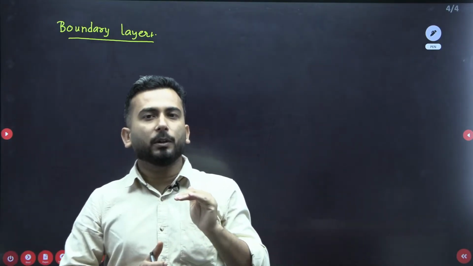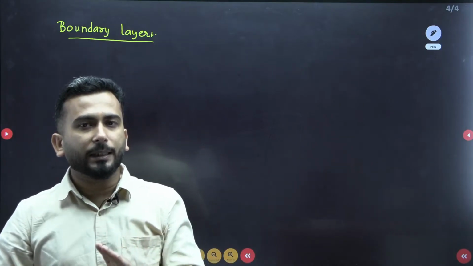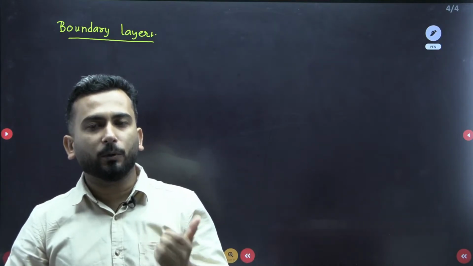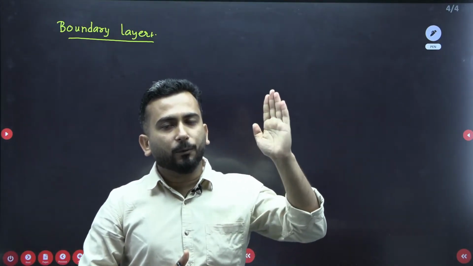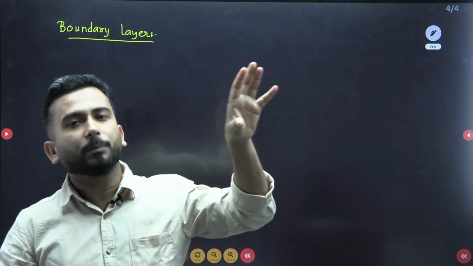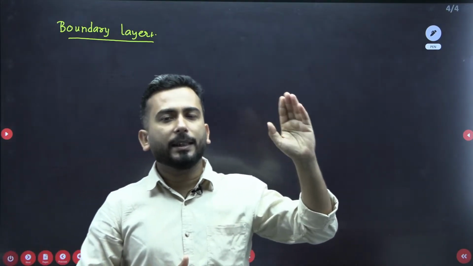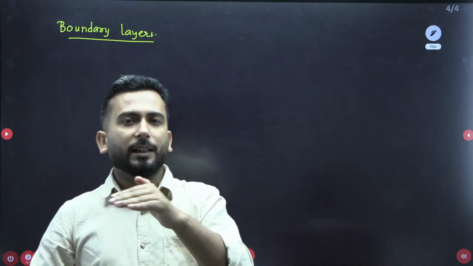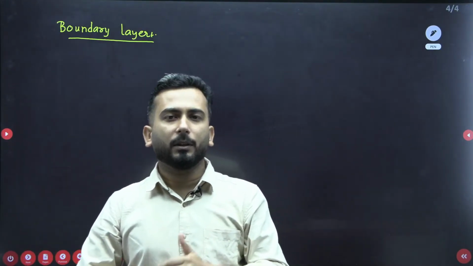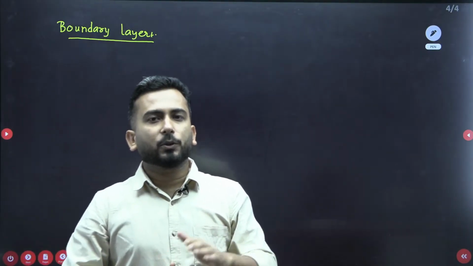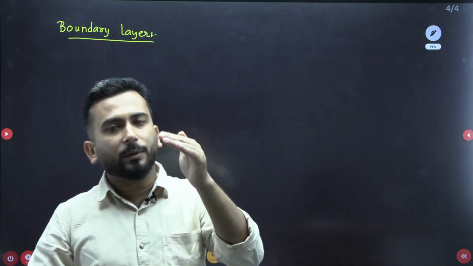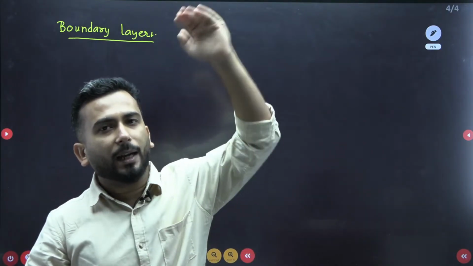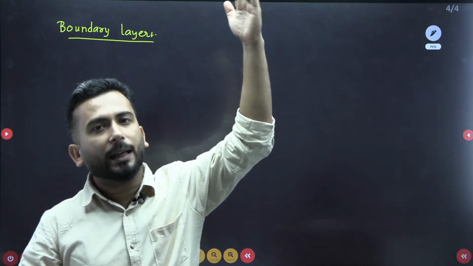Here also a similar concept is there, which is known as thermal boundary layer. What is thermal boundary layer? What happens when a fluid is coming with a temperature, for example T infinity, and the surface has a different temperature, let us say a hot surface I have kept. The last layer of the fluid will acquire the same temperature as that of the surface, and the farther layers are at ambient temperature.